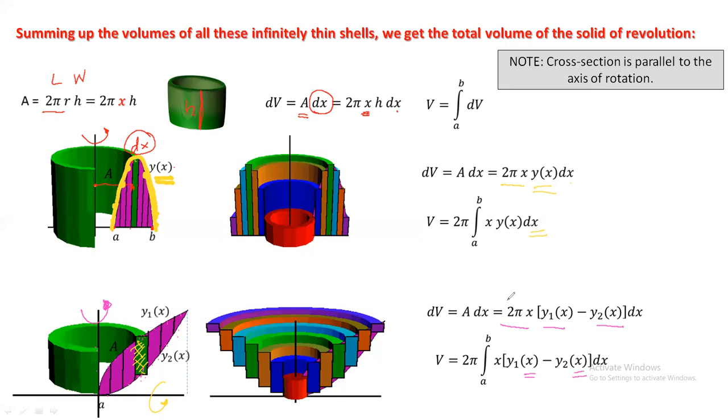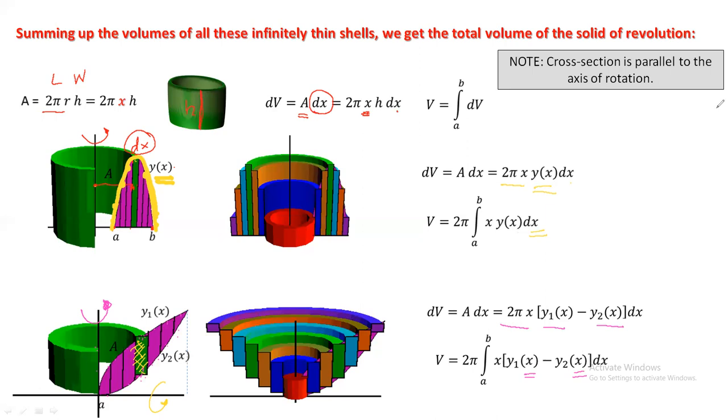Do you get it? So 2 pi again is written before the integral. You have x placed in here, it's fixed. For the y1 of x, whatever is its equation, as long as it's in terms of x, subtract from it the y sub 2 of x. Okay?